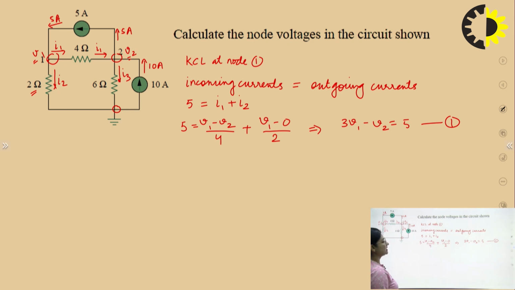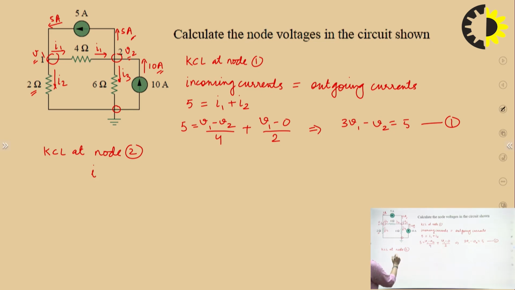Now, apply KCL at node 2. See, at node 2, what are incoming currents and what are outgoing currents? I1 is incoming current and 5 ampere is outgoing current, 10 ampere is outgoing current, and I3 is also outgoing current.